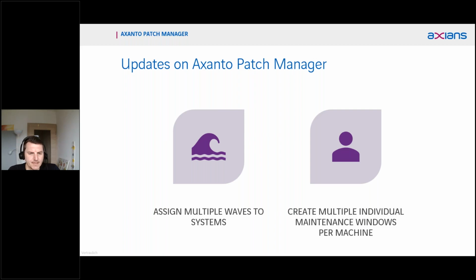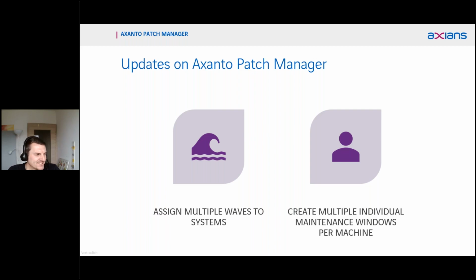Why have we done that? In the last months and years, customers came to us and said, okay, the normal way is pretty cool, and we can do the default, standard stuff with that, like Patch Tuesday and rolling out the updates. That's great, but sometimes we have hot fixes we have to deploy very fast to the systems because we don't want to get hacked.